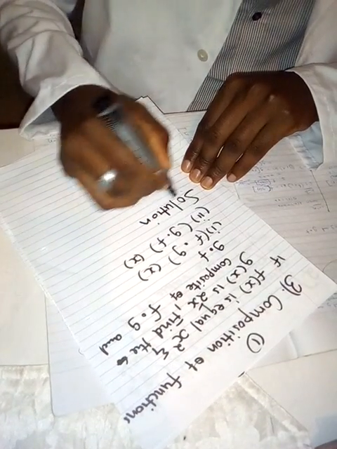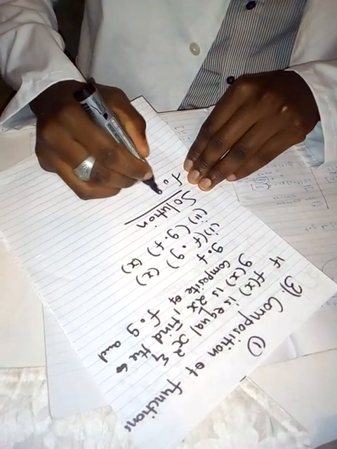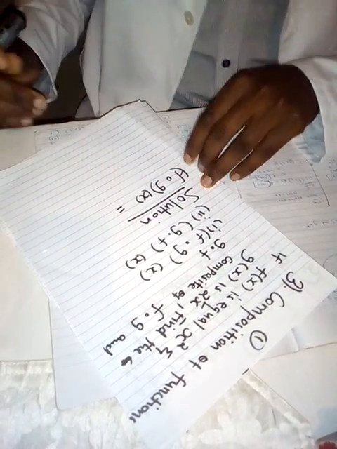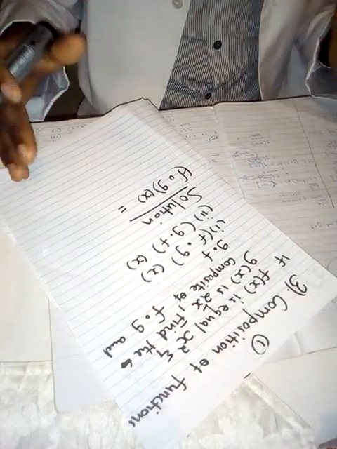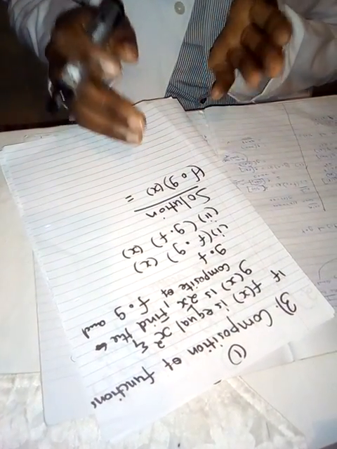Let's do this solution. f of g of x. You should find the composite of f to g of x.